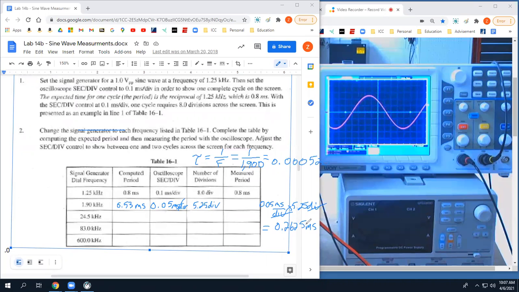Is that right? This number should match up with that, but I'm getting about half of it. Why is that?